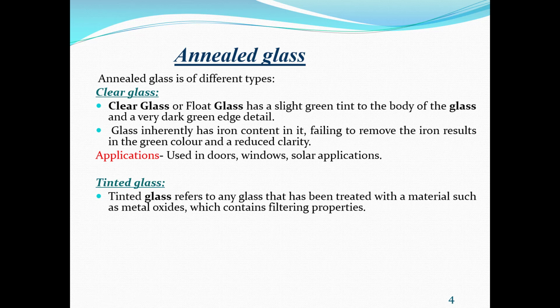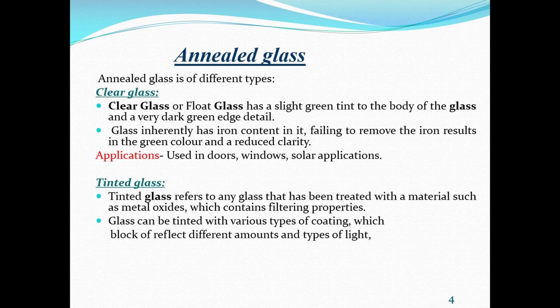Tinted glass refers to any glass that has been treated with a material such as metal oxides which have filtering properties. So we are applying some metal oxides on the glass to make it tinted. The glass can be tinted with various types of coating which block or reflect different amounts and different types of light.